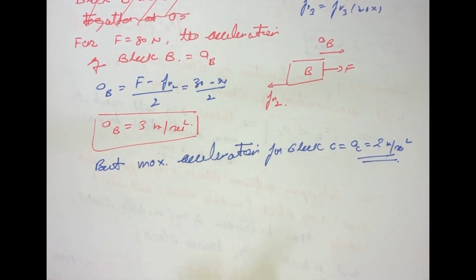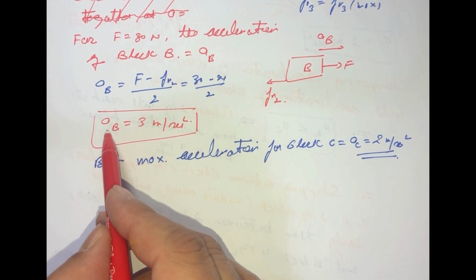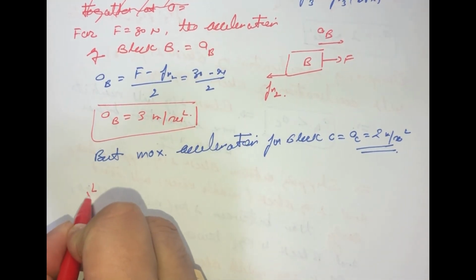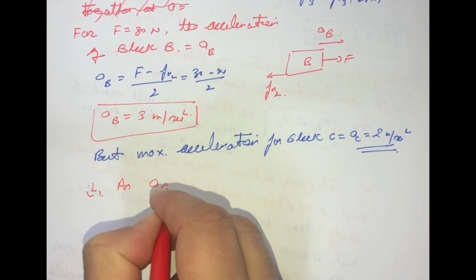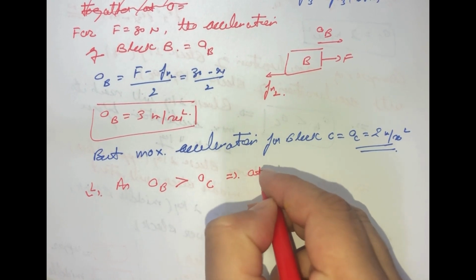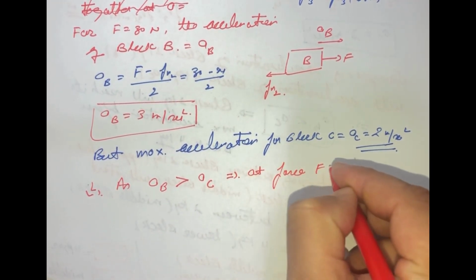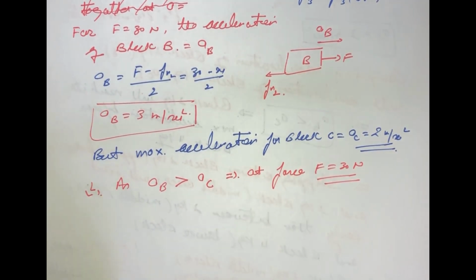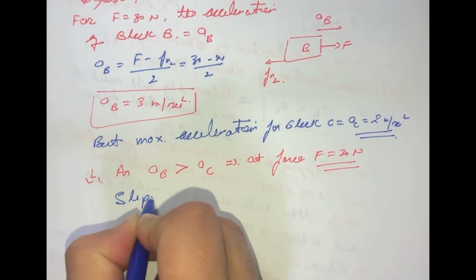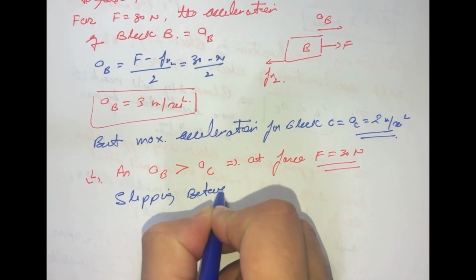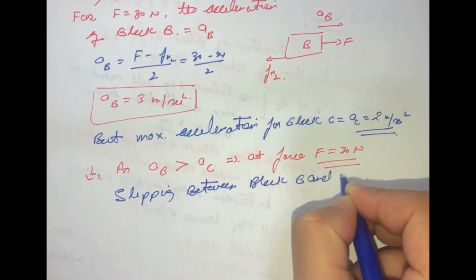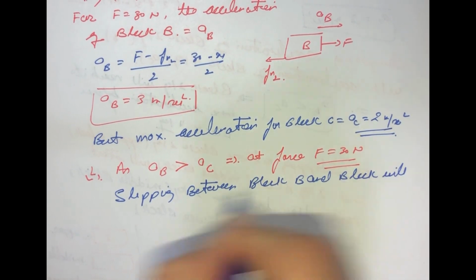Therefore, as we can clearly see, the acceleration of block B is different, or greater, than block C. So from here we can say that as acceleration of B is greater than acceleration of C, at force F is equal to 30 Newton, slipping between block B and block C will start.